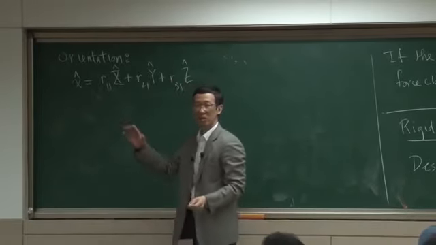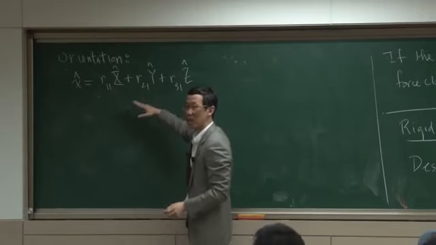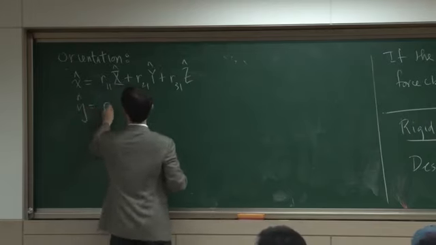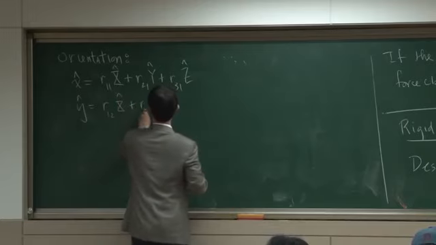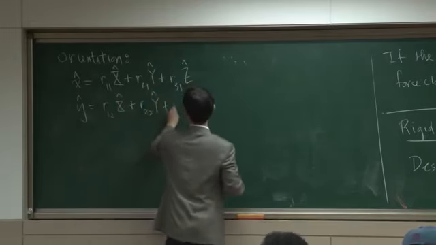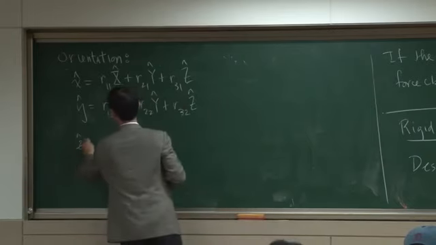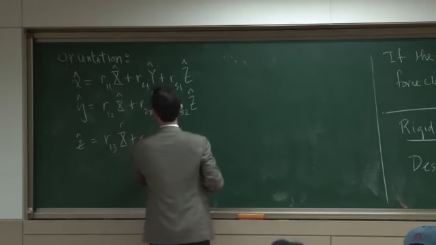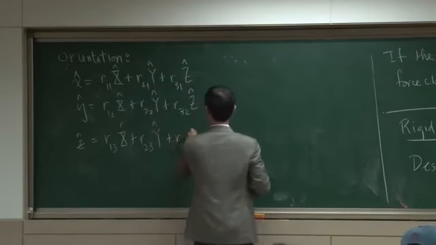We can write down similar expressions for y hat and z hat. Y hat is r12 x plus r22 y plus r32 z, and then z hat is r13 x plus r23 y plus r33 z.